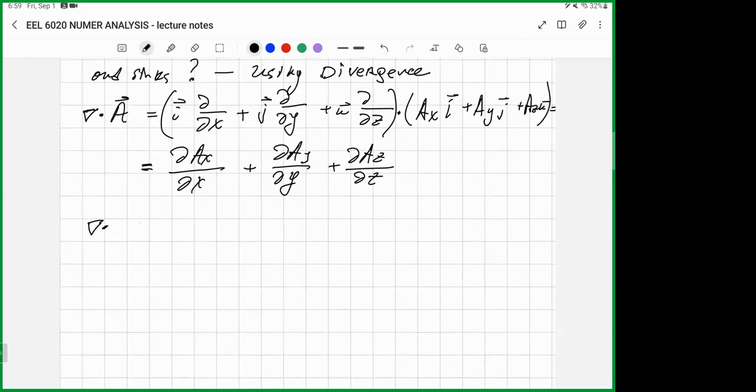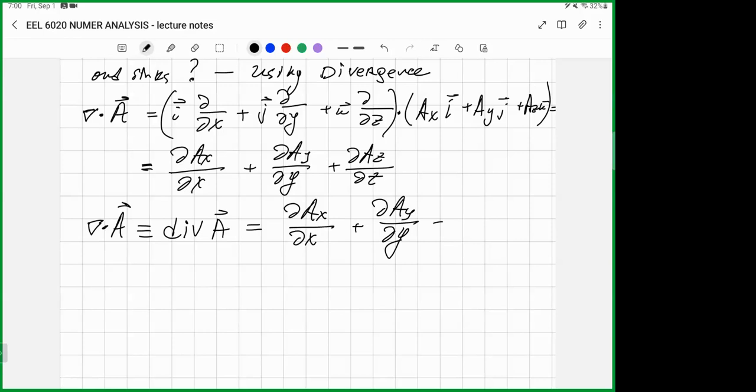So the divergence, nabla dot A, is also denoted by div A, and the formula is dax over dx plus day over dy plus daz over dz.